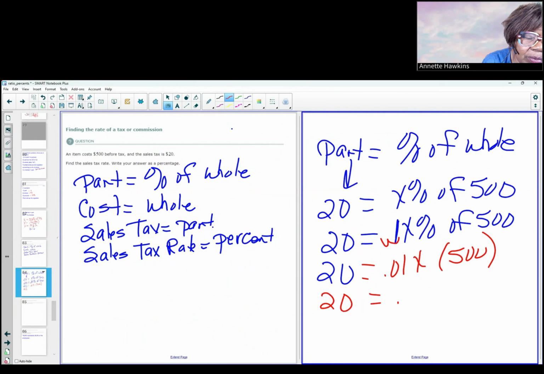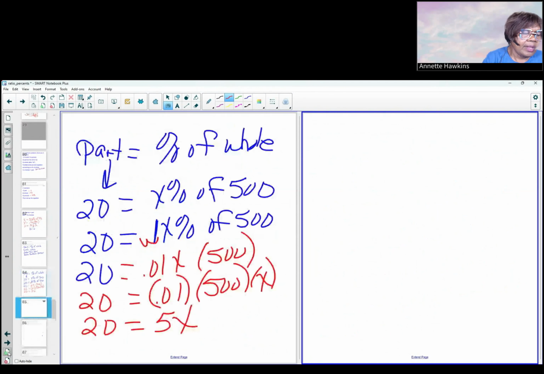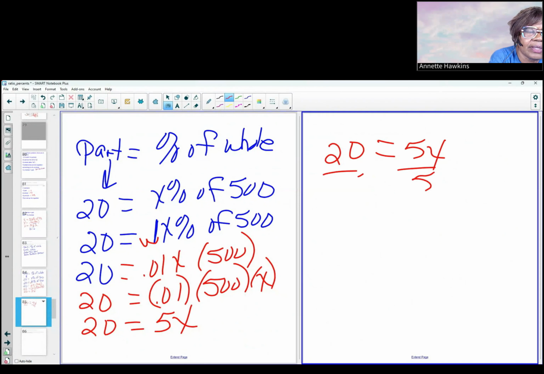Then we multiply 0.01 times 500 and put the X on the end, and that's going to be 5X. So 20 equals 5X. Divide by 5: 4 equals X. So that's 4%.